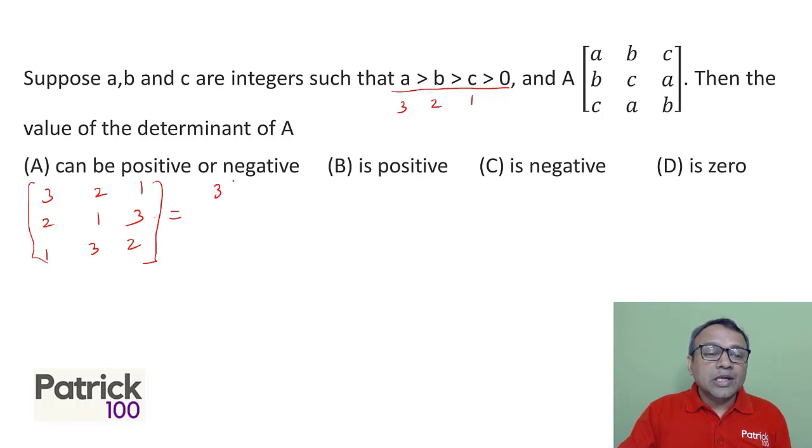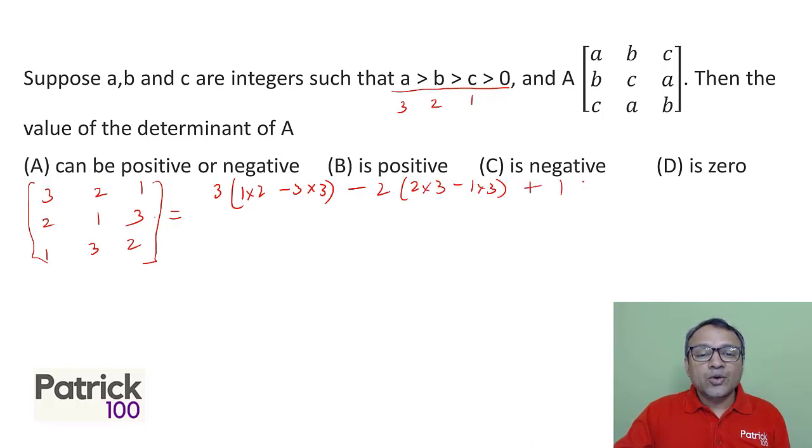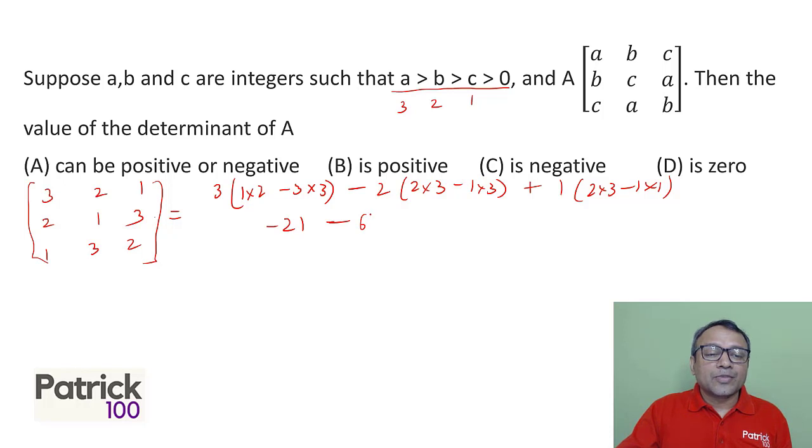it will become 3 into (1 into 2 minus 3 into 3), then minus 2 into (2 into 2 minus 1 into 3), and plus 1 into (2 into 3 minus 1 into 1). If you solve this, 3 into 1 into 2 is 6, 6 minus 9 is minus 3, so 3 into minus 3 is minus 9.